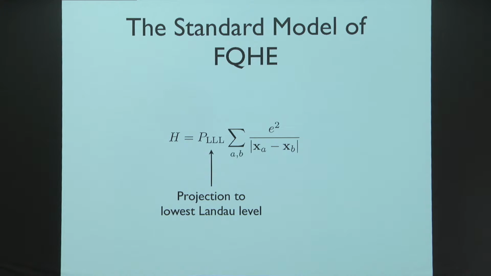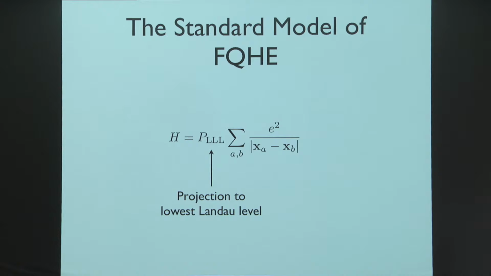In this case, we have what I would call the standard model of the fractional quantum Hall effect. It is a theory that is valid in the energy scale which is much smaller than the distance between the Landau levels. The Hamiltonian can be thought of as the Coulomb potential energy projected to the lowest Landau level.